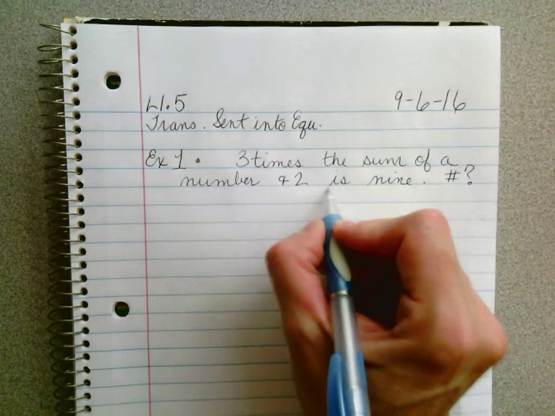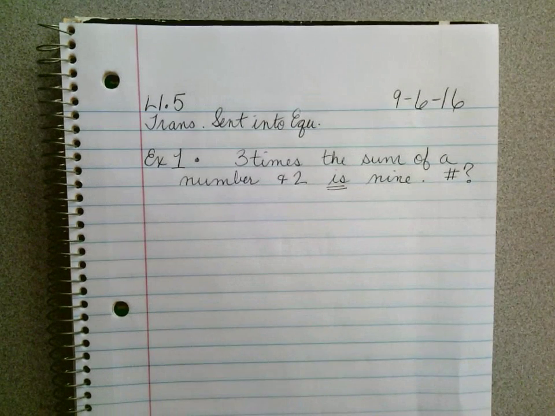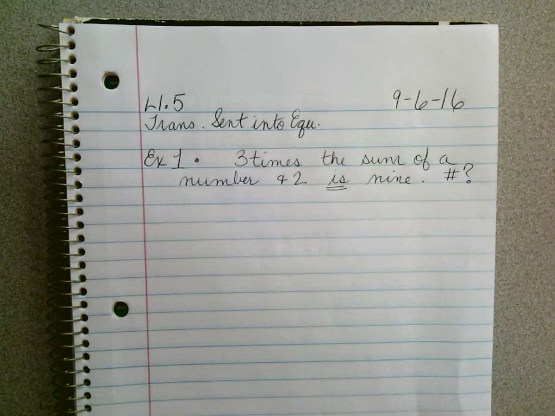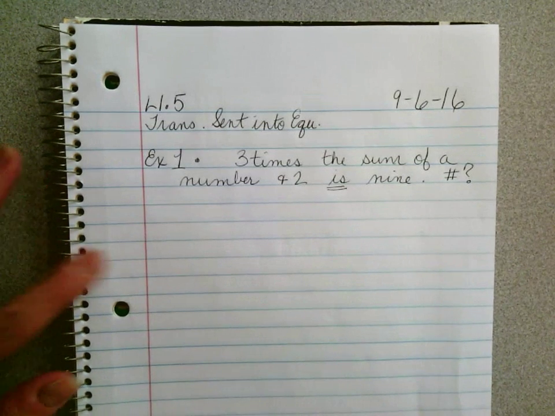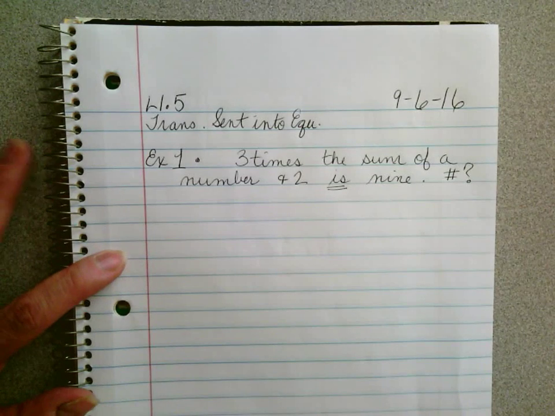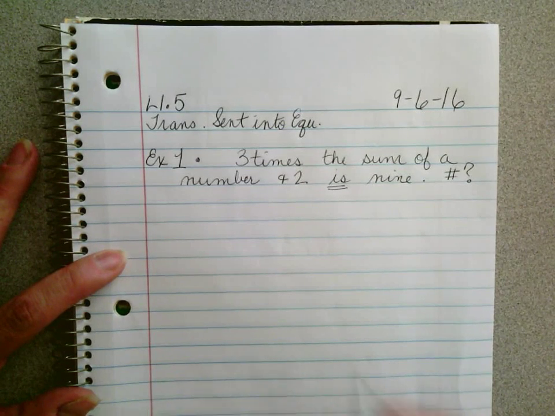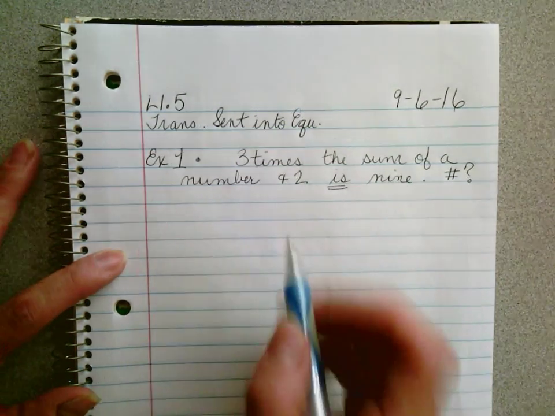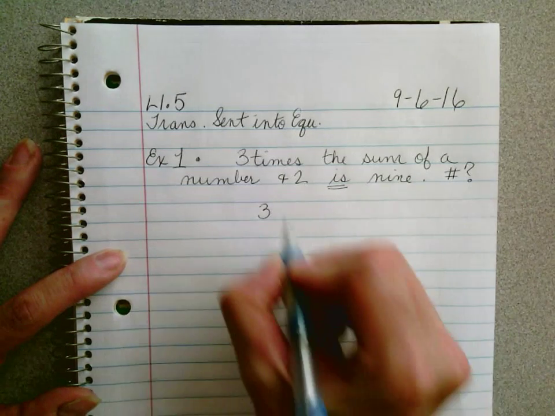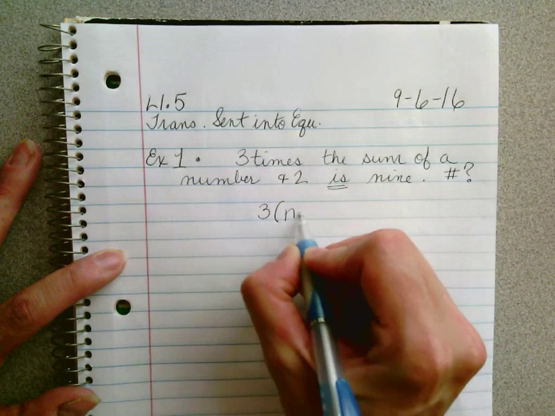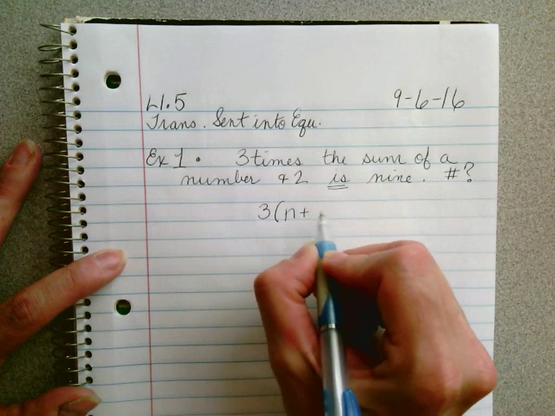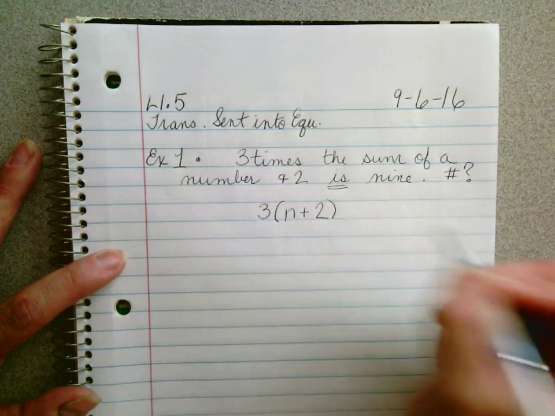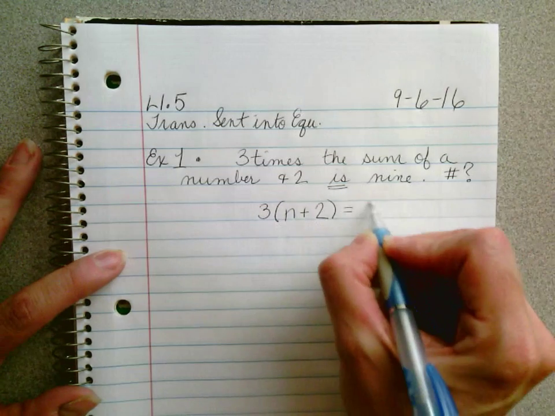Okay, the operator "is" makes this an equation. Okay, the way to write this is going to look like this: 3 times the sum of a number and 2 is 9.